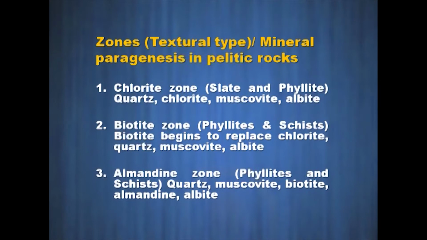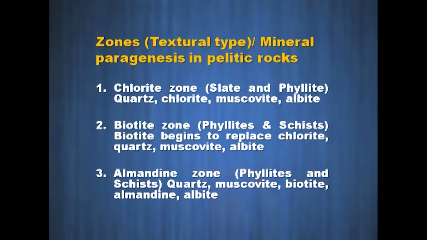Zones, textural type, and mineral paragenesis in pelitic rocks. Chlorite zone: slate and phyllite, quartz, chlorite, muscovite, albite. Biotite zone: phyllite and schist. Biotite begins to replace chlorite, quartz, muscovite, albite.